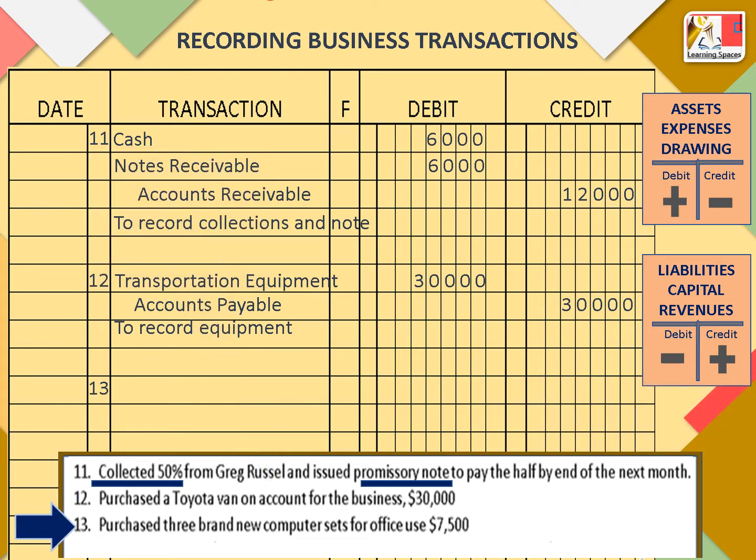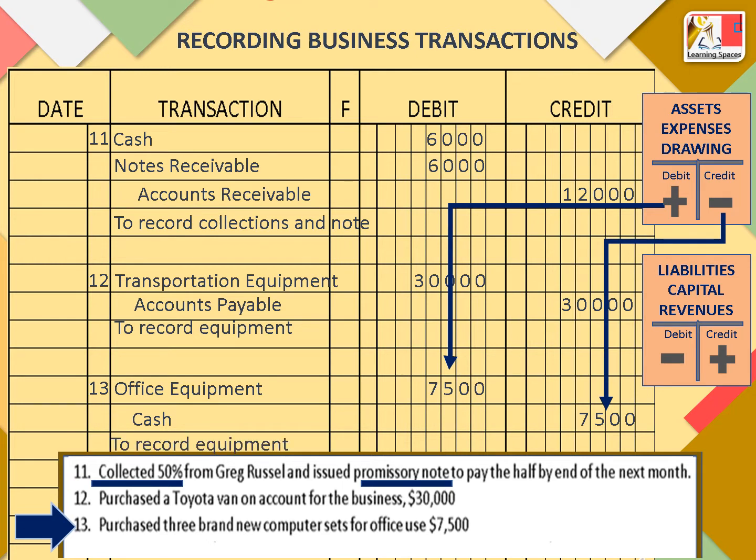Analyzing the March 13 transaction, the statement did not say whether the equipment was paid in cash or on account. If there are no wordings about being on account, treat it as cash payment. Therefore, we shall debit office equipment for $7,500 and credit cash for the same amount of $7,500.